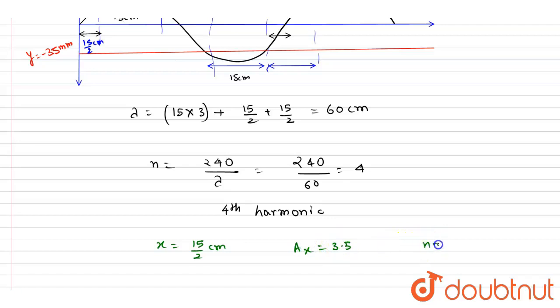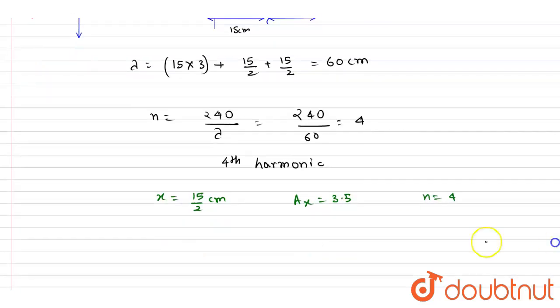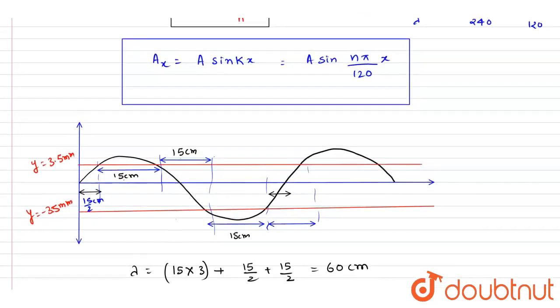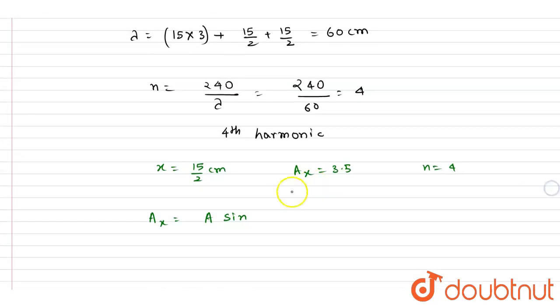And the second thing is n equals 4. So we will just put the value here. Sine of nπ by 120 times x. So n is 4 here. So 4 by 120 is 1 by 30. So put the value of x.